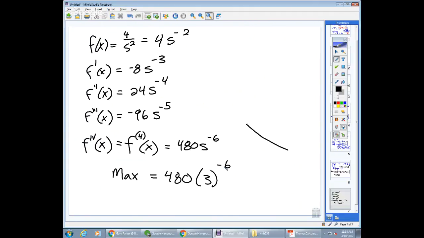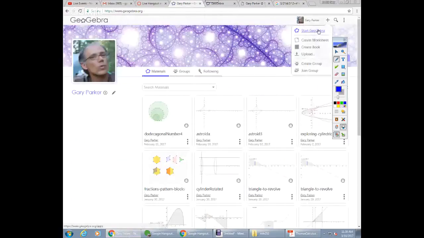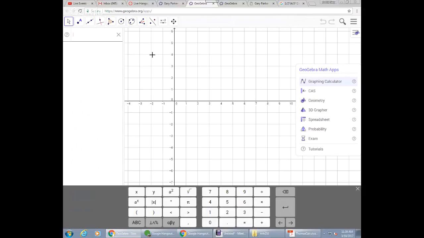So altogether, if we take a look at the error function said find that max, I better double check that I'm right there. So if I graph in GeoGebra, let's get a new screen. Yeah, you want the highest value of the fourth derivative in the interval is what you need to find.